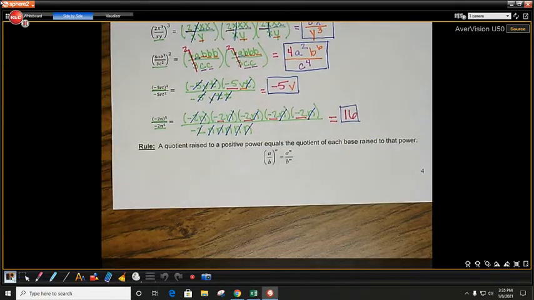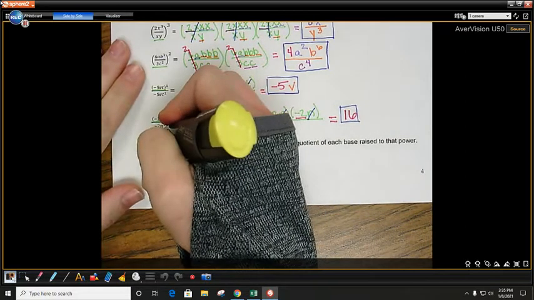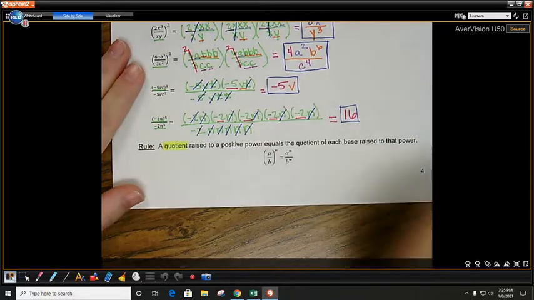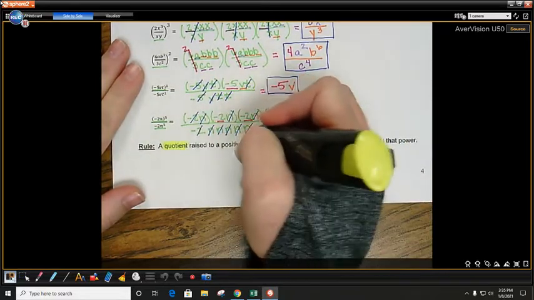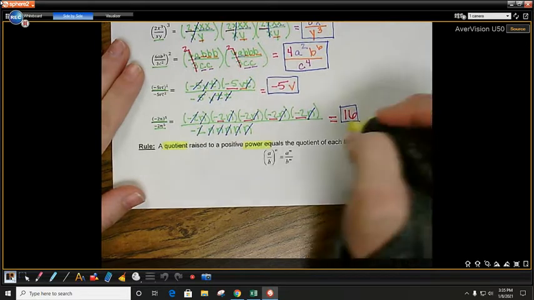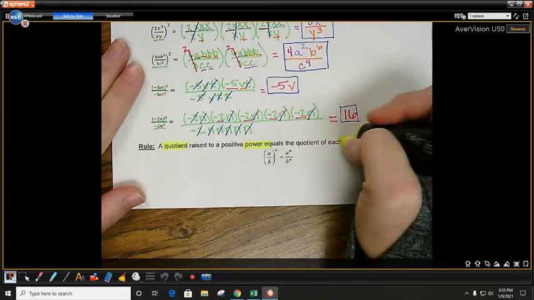Okay? So this one's very similar to the power of a product property, where if you have parentheses, you distribute that exponent. Same thing here. If you have a quotient, which remember is the answer to a division problem, raised to a power, that's just the quotient of each base raised to that power.